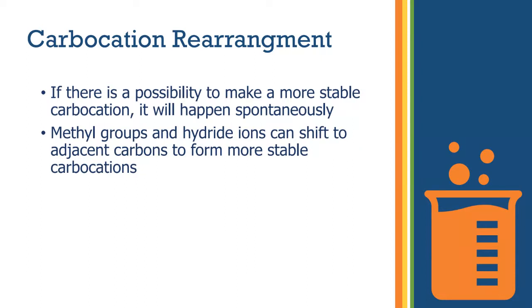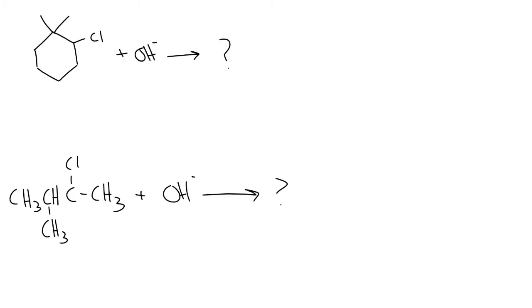So methyl groups and hydride ions can shift to adjacent carbons if it will form a more stable carbocation, okay? So you always have to pay attention to if that can happen when you have carbocations formed, okay? So I have an example of each here.